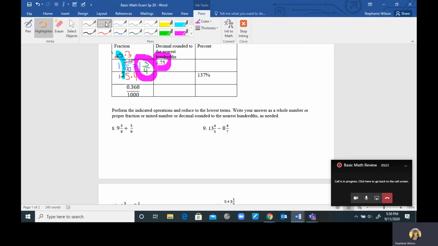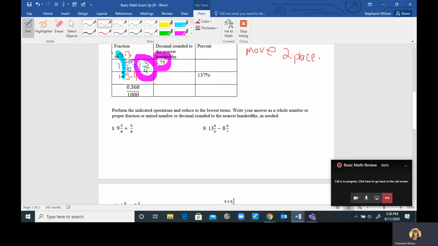Well, how am I going to write this in percentage form? Whenever I have a number that I want to get into percentage form, I can move the decimal two places to the right.